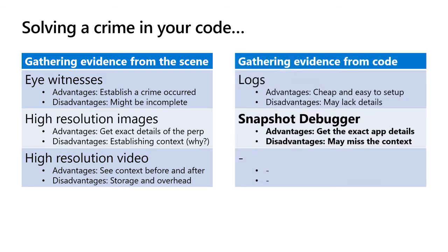We have a similar approach to our production diagnostics, where logs become our first step. We look to see if our logs have given us any kind of useful information. But after that, I would propose that we use something like Snapshot Debugger. Snapshot Debugger is a great tool to pull the context from your production environments straight into Visual Studio.